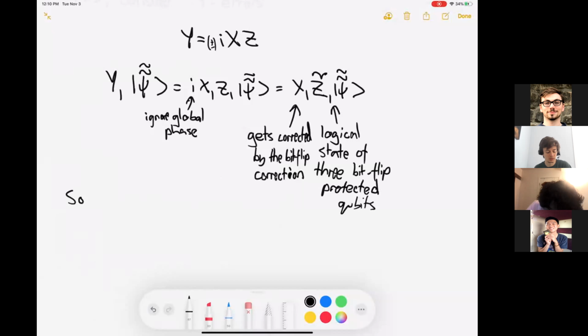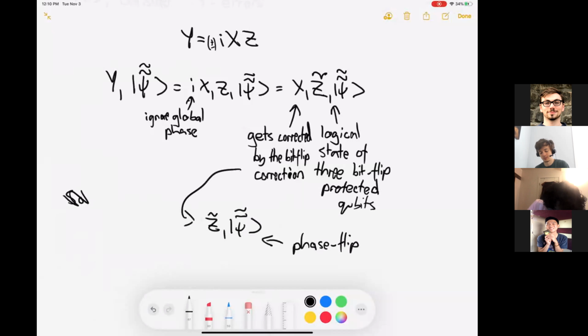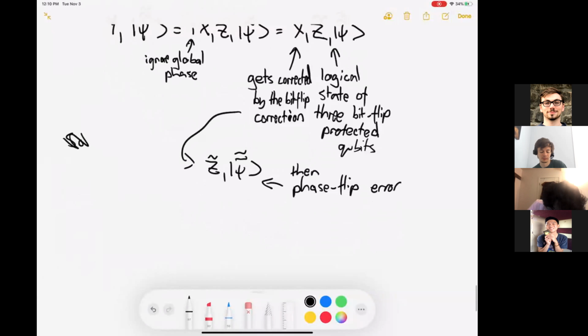So this then leads to the state just Z1 tilde psi double tilde. But that is, of course, just a phase flip error. That also gets corrected.